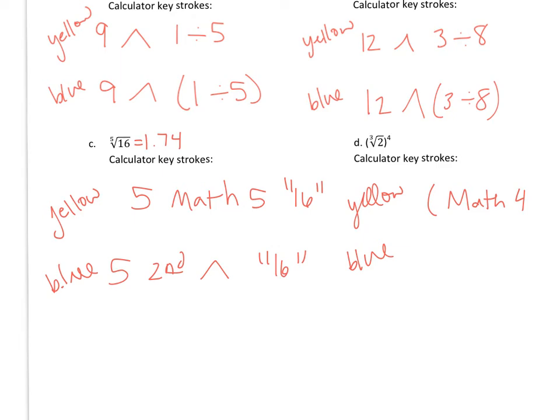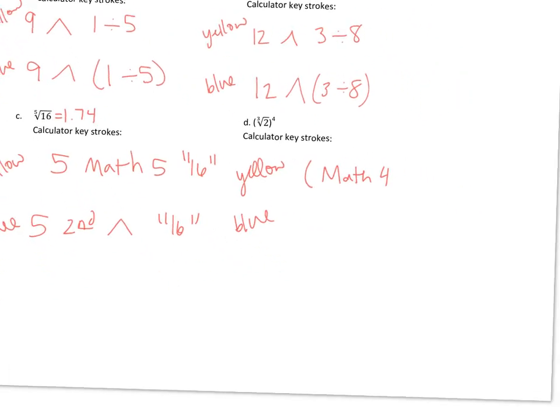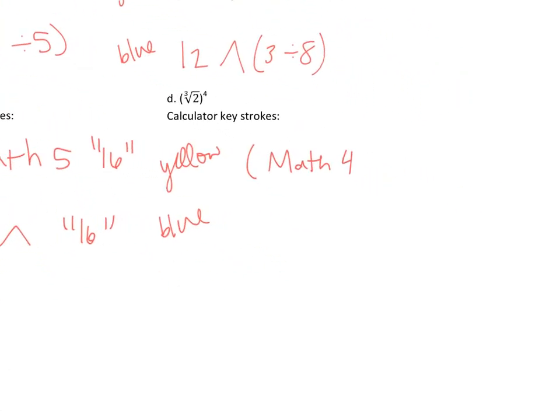And then you'll type in 2. And then you're going to have to hit the right key to get out from underneath the cube root. And then you'll close your parentheses. And then caret 4.